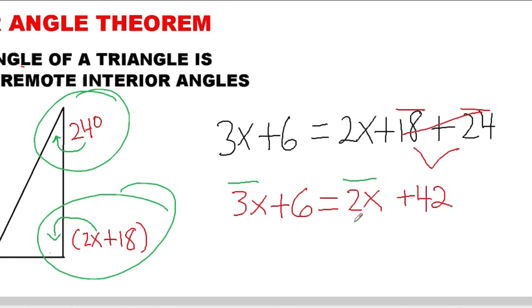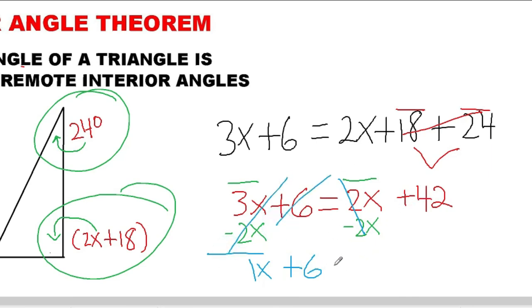So obviously 2 is lower, so we're going to go negative 2x. We're going to move that on this side, make that negative 2x. Then we're going to cross this out. 3x minus 2x is 1x plus 6. Let's cross this out.